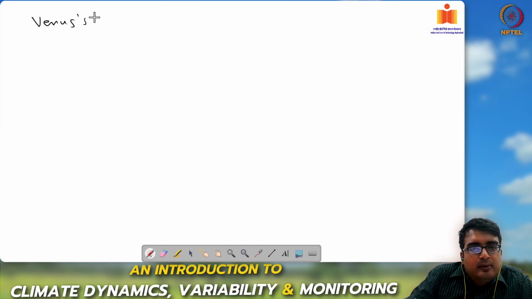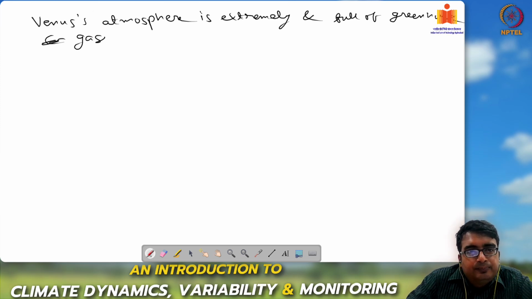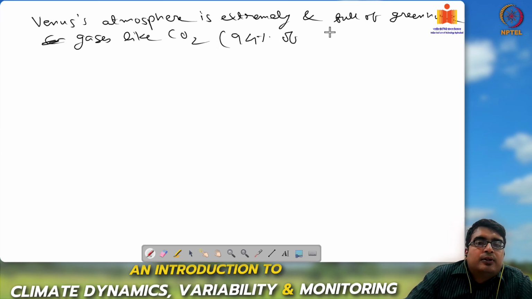Venus's atmosphere is extremely thick and full of greenhouse gases like CO2, which is around 94% of the atmosphere.